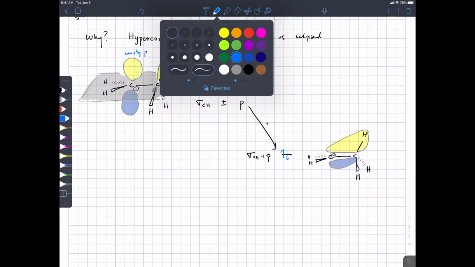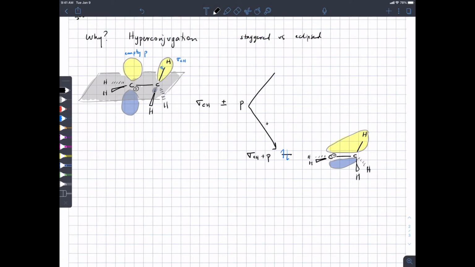The minus combination is the other consequence of hyperconjugation, and that is that we spread out the empty p orbital onto the adjacent carbon, or to the adjacent carbon-hydrogen bond. What does this look like?